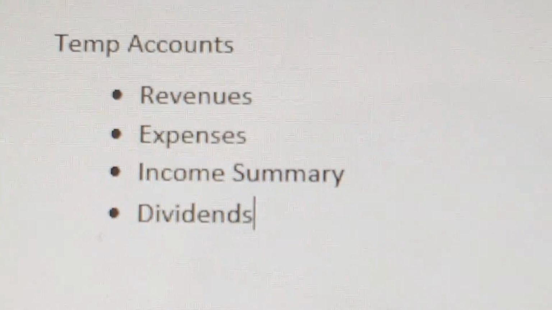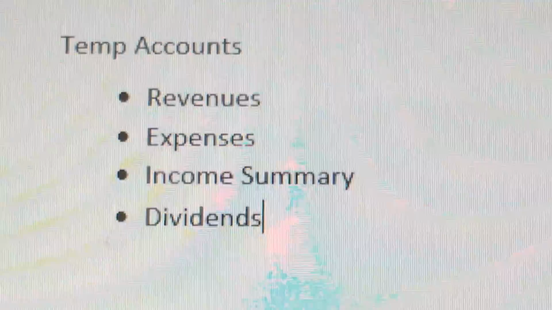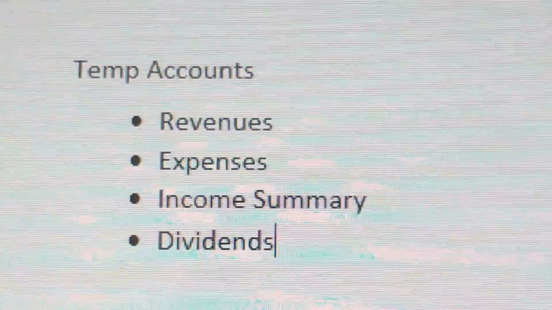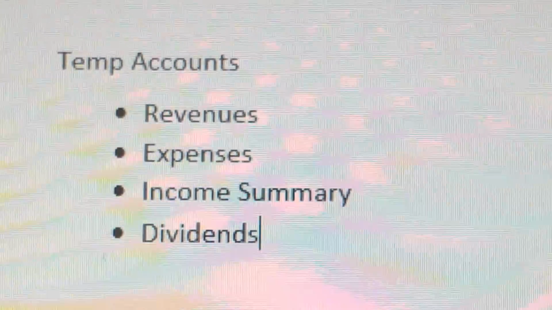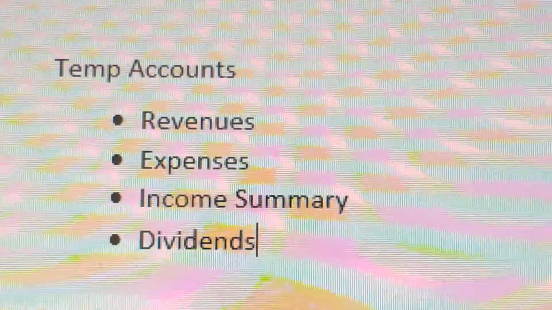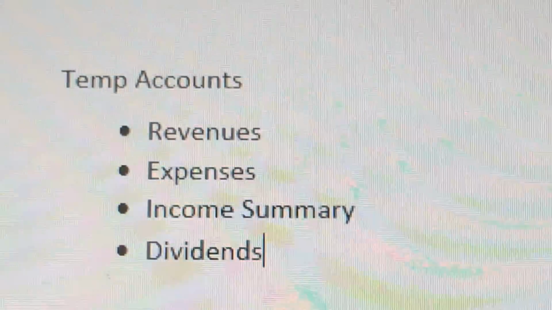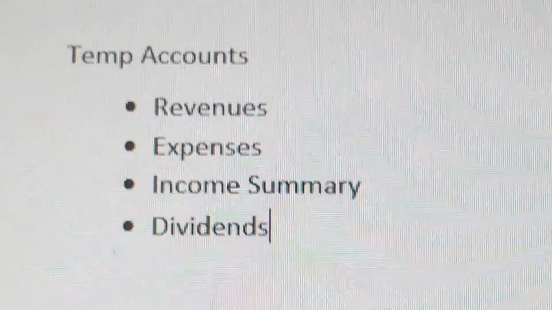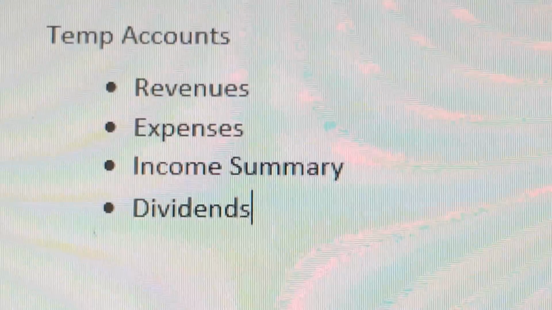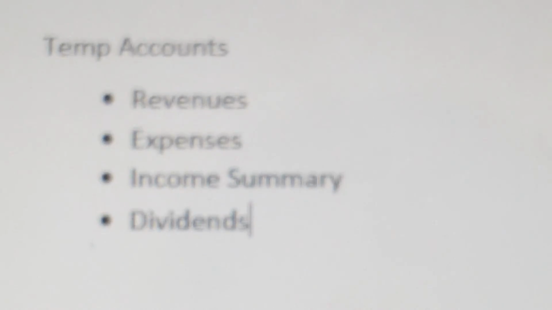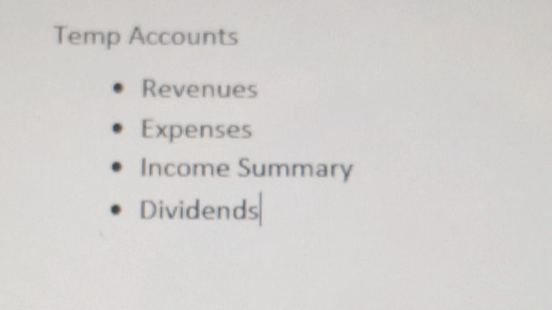Now let's talk about our temporary accounts, okay? Your temporary accounts are your revenues and expenses. So basically, what we're going to do is we're going to close those accounts, right? We're going to close those accounts at the end of the fiscal year. What does it mean to close an account? That means to bring the account balance to zero. Well, how would we do that?